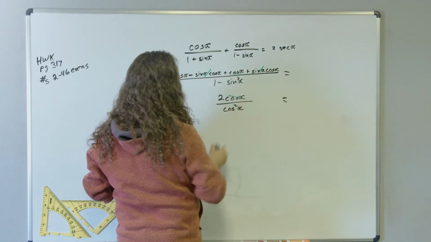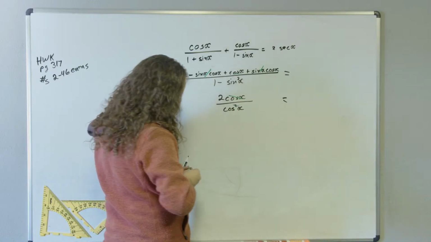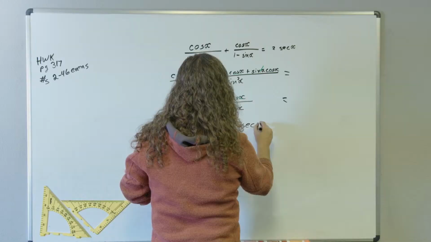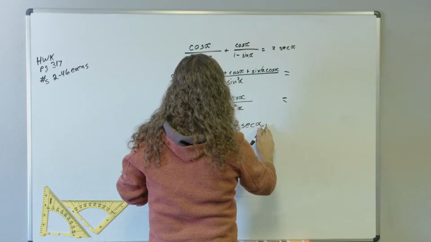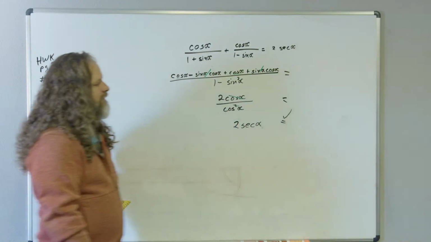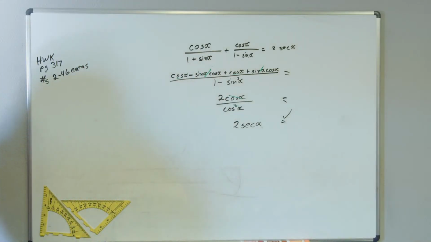One of them cancels with one of them? Yeah. But then it's cosine. 2 secant alpha equals 2 secant alpha. Why are you looking confused? I was doing the math in my head. Which part of it?